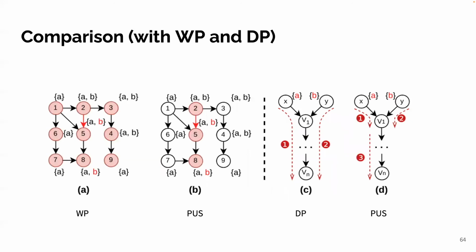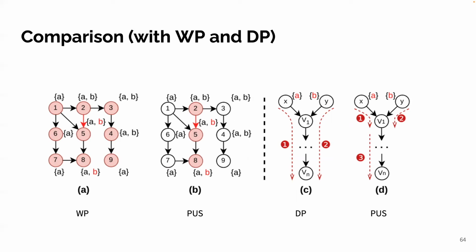Take this example. When compared to wave propagation, the partial update solver only processes nodes 2, 5, and 8, as they are the only nodes that are affected by the update from the previous iteration, which is inserting B into the pointer set of node 2, while wave propagation will have to re-topologically sort the entire graph.